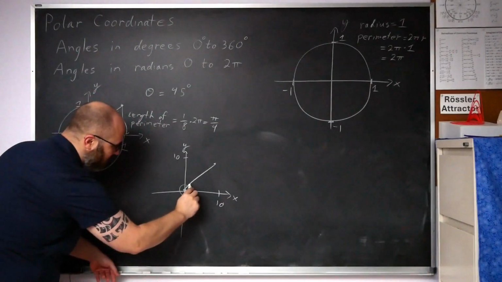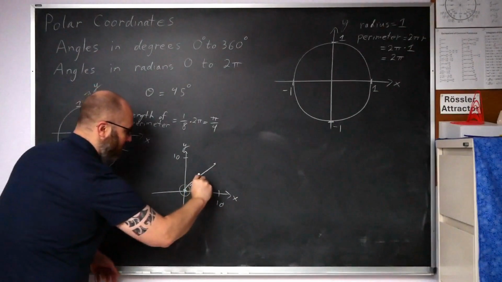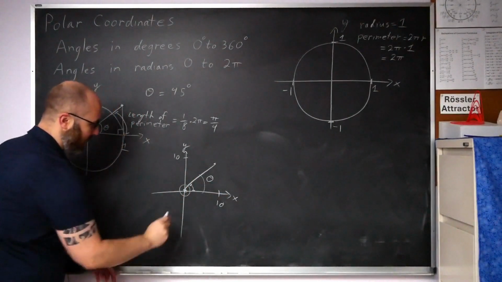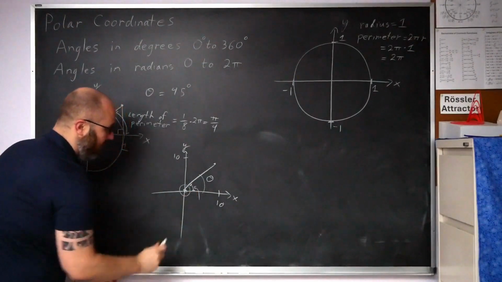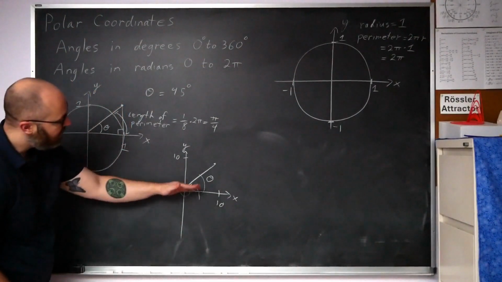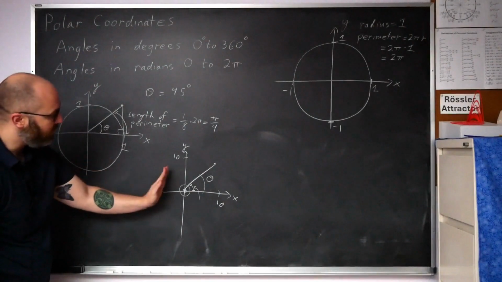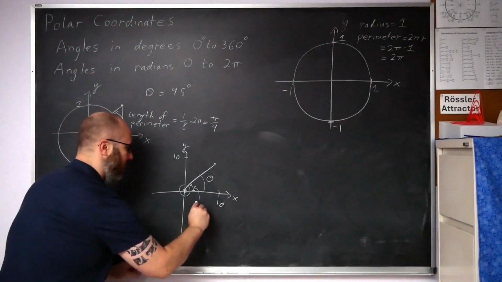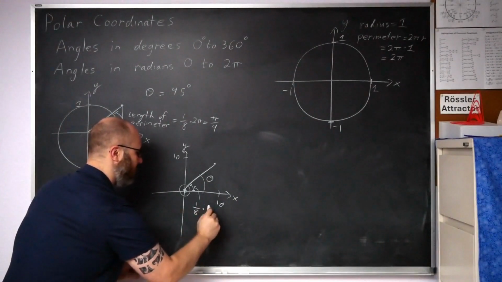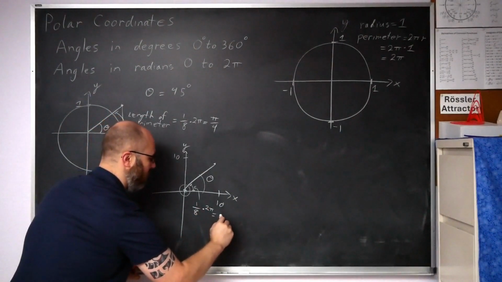But if you trace out this perimeter length again for angle theta, that perimeter length is still 1/8 of a unit circle perimeter. So it's still 1/8 times the entire perimeter length, 2 pi, which is pi over 4.